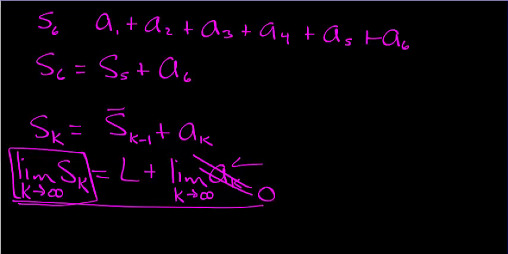I'm saying it converges to L, but if this right here is not 0, then it's not converging. Are you digging that? Does it make sense that it has to be the case? Because if it doesn't, then this thing is just getting bigger. It's getting more terms added to it. So this must be 0. Okay, any questions about that?